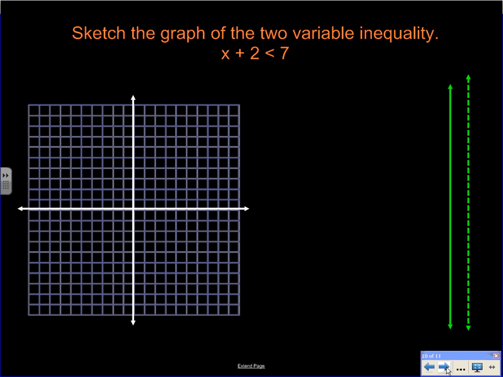It says sketch the graph of a two variable inequality, and we know that it only has one variable in it. I know what it's going to be. I'm going to tell you in 1 second. So you go ahead and try to do this on your own, and then you check your work in 1 second.